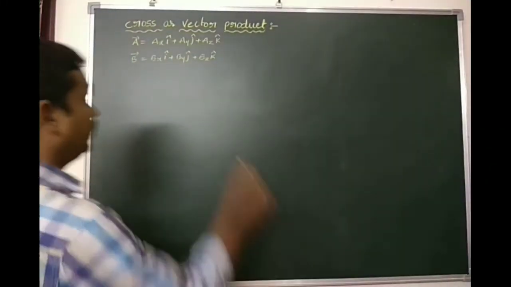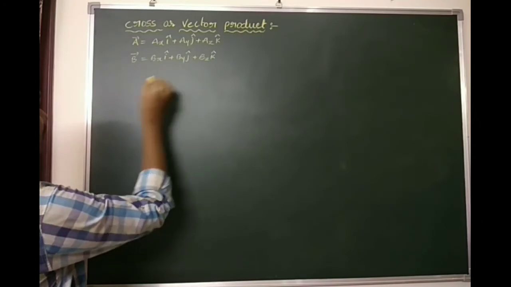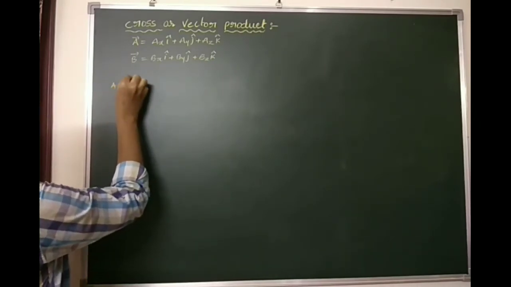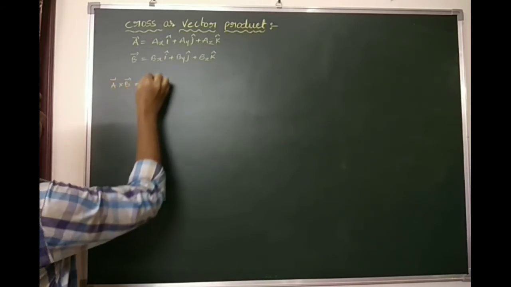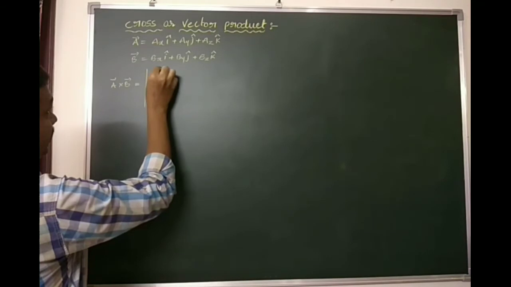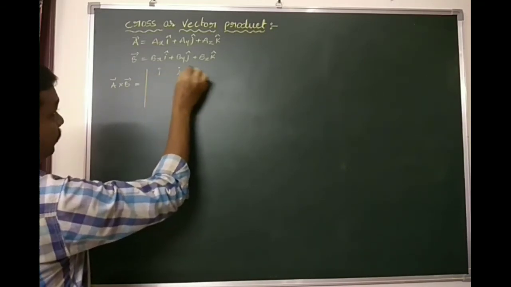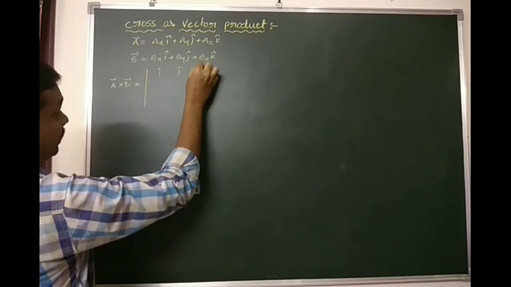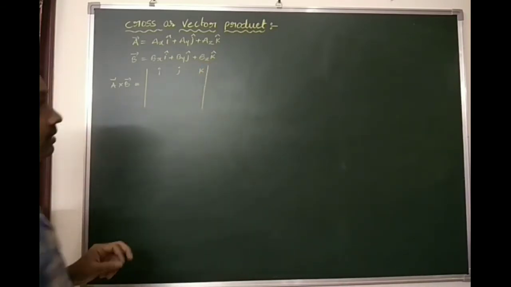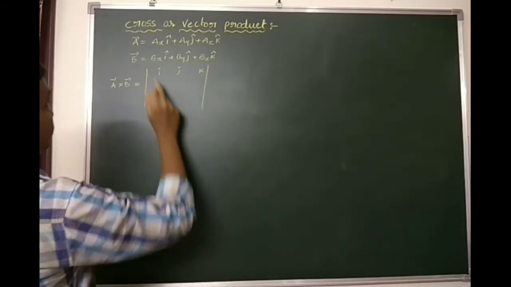Right now we are going to do it another way, A cross B according to the matrix method. Determinant like i, j, k. These are constants, unit vectors are constants.